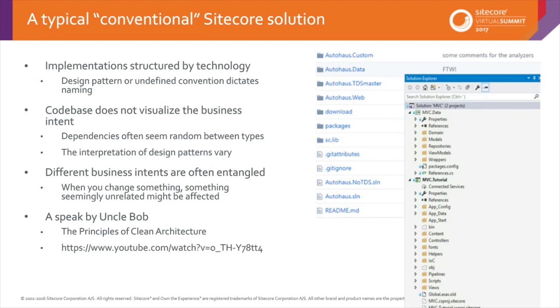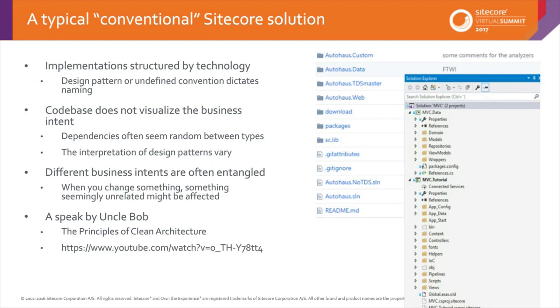Dependencies can even seem random between different types because the interpretation of the design patterns can vary. This also means that the different business intents that the customer actually wants implemented often get entangled. So you can end up in situations where if you change something, something completely unrelated is affected by the change that you just implemented.